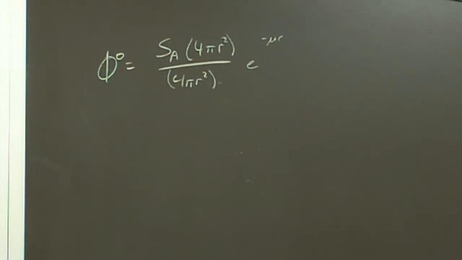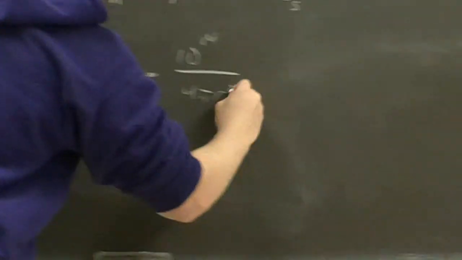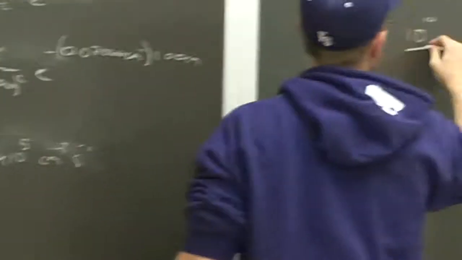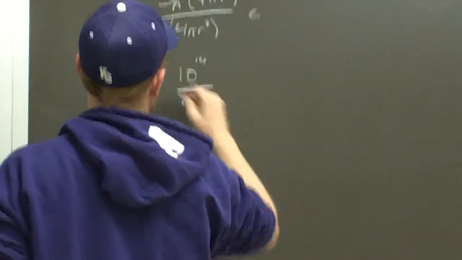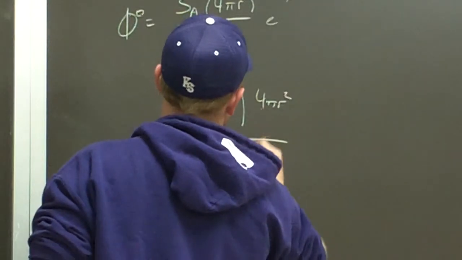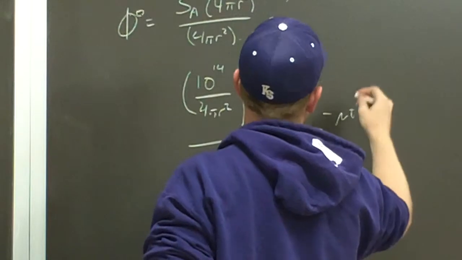If you plug in, S over A is just 10 to the 14 over 4 pi r squared, times 4 pi r squared, over 4 pi r squared times e to the negative mu r.